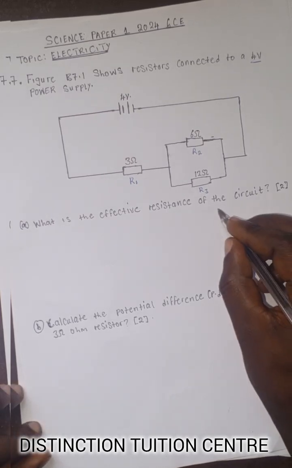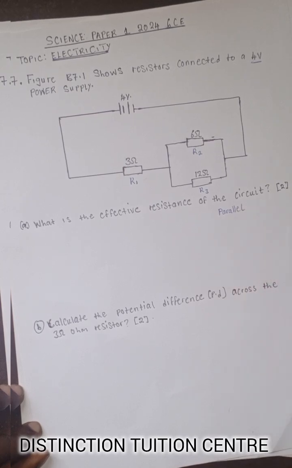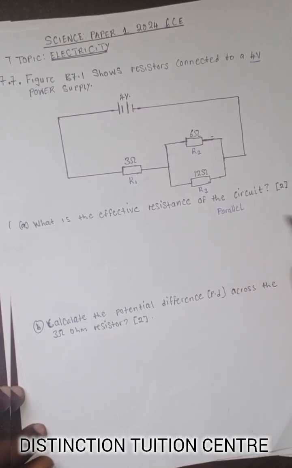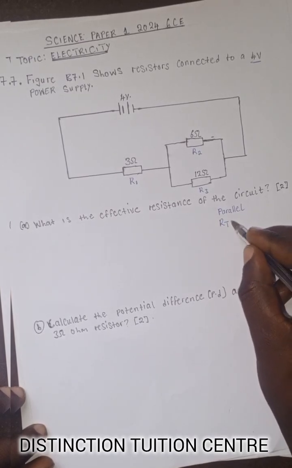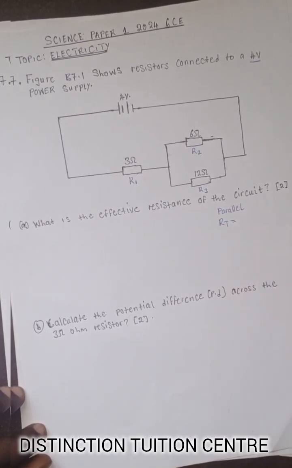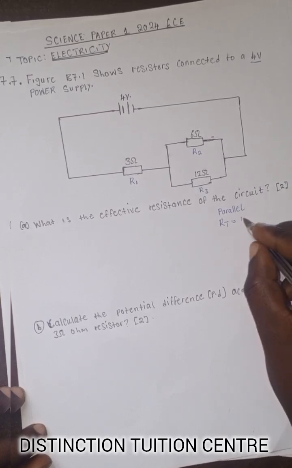For the parallel resistors, the effective resistance, also known as the total resistance, is calculated by multiplying the resistors.